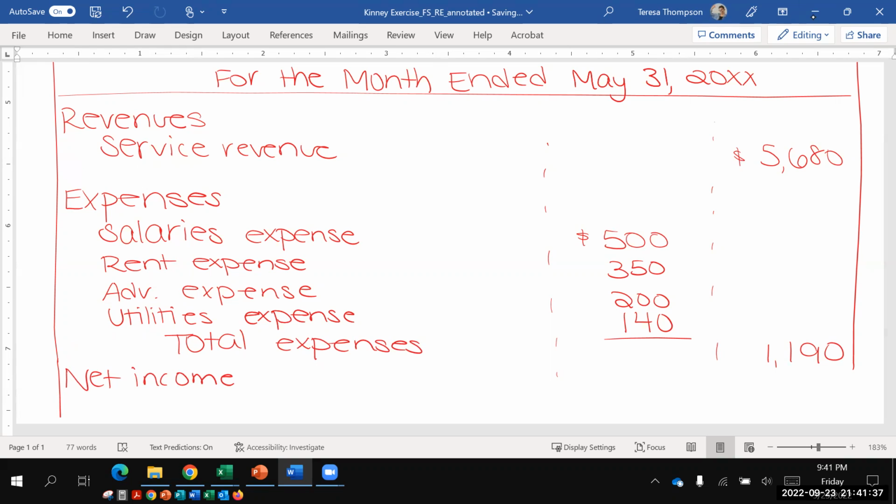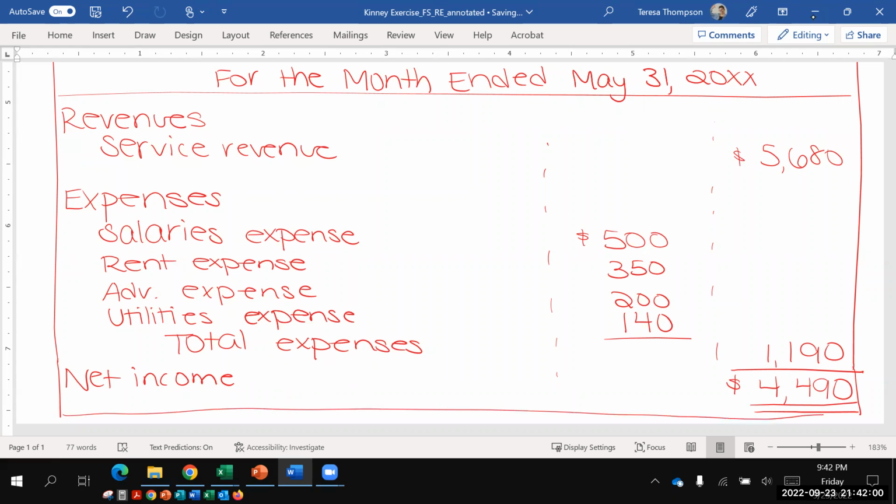So I don't know if you can quite see that. Net income, again, we're going to do a mathematical operation. Subtract your expenses of 1,190. Subtract that from your 5,680 to get net income of 4,490. We said this last number gets the dollar sign and double underline. And there is your income statement.